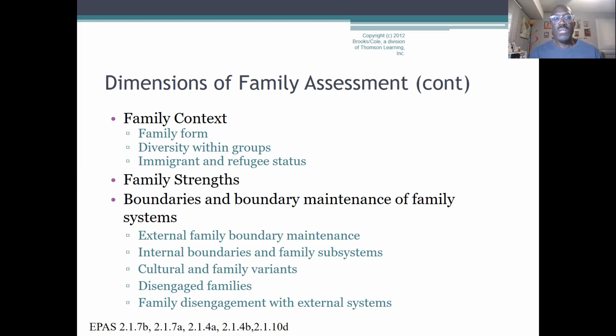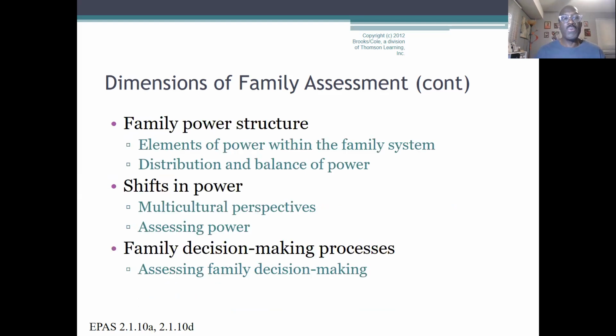Are we open to having friends come over? Do we have meaningful relationships with people in our neighborhoods? The lack of that could be a sign of other issues happening in the context of that family. So really assess all of those things: what's happening in the family, what's happening outside of the family, what the boundaries are, what's rigid, how people connect, and so on.